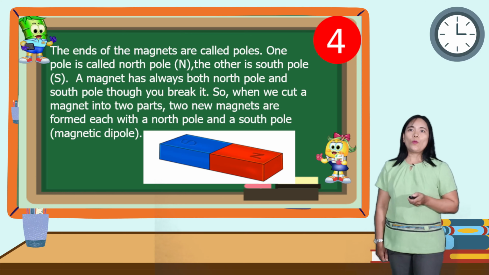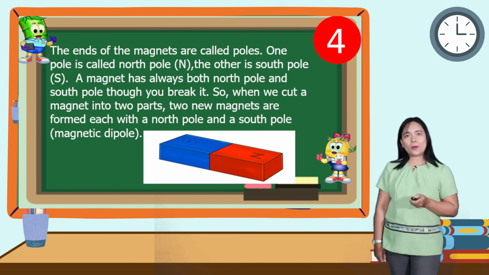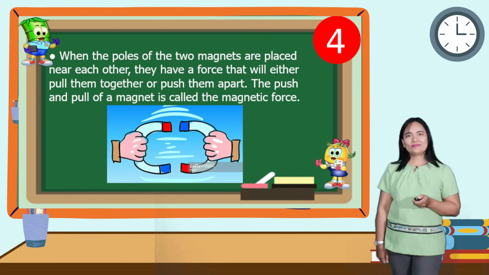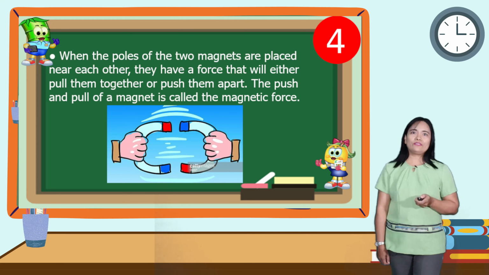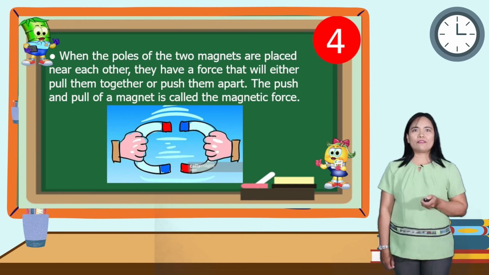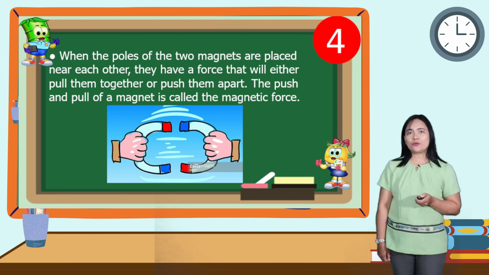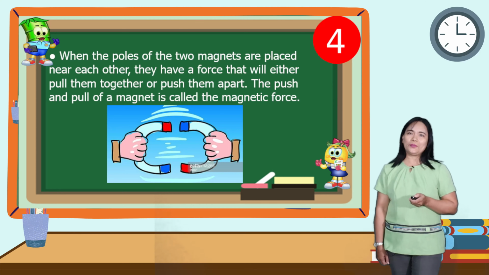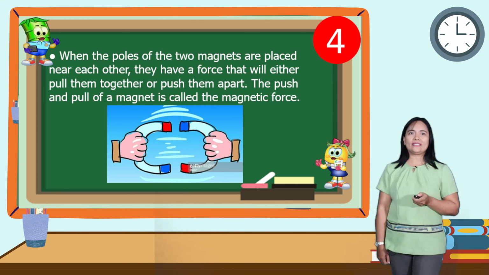So, when we cut a magnet into 2 parts, 2 new magnets are formed, each with a North Pole and a South Pole, and we call it magnetic dipole. When the poles of the two magnets are placed near each other, they have a force that will either pull them together or push them apart. The push and pull of a magnet is called the magnetic force.